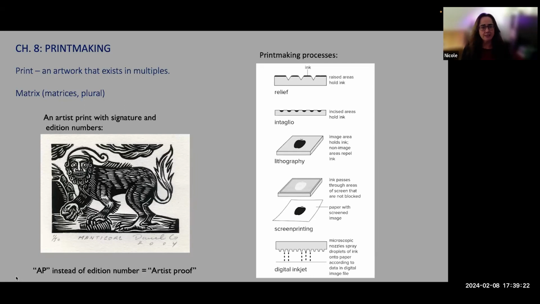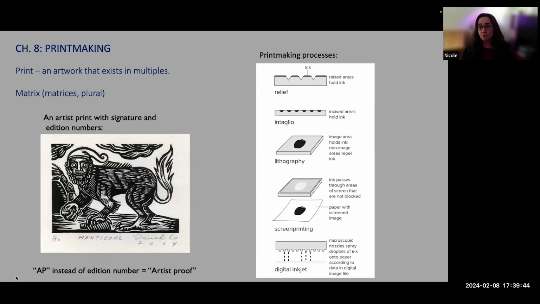AP is, instead of an edition number, it relates to the artist's proof. So AP means artist proof. And that just means that there's something different about that print that distinguishes it from the rest of the edition. Okay, but prints were made for more than 1,000 years before these standards were set into place.